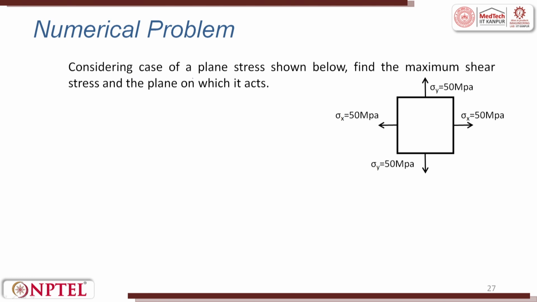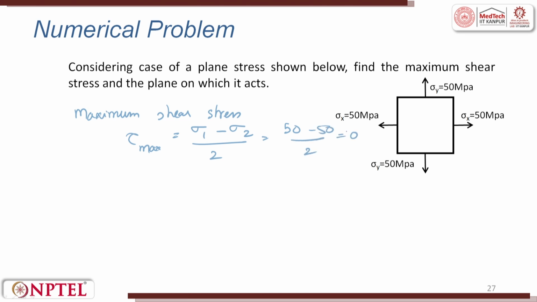Consider the case of a plane stress shown below. Find the maximum shear stress and the plane on which it acts. So, maximum shear stress is defined as tau max equal to sigma 1 minus sigma 2 by 2, which is 50 minus 50 by 2, equal to 0.